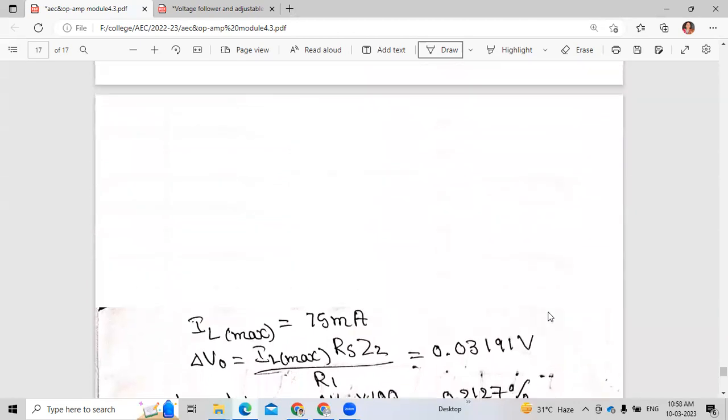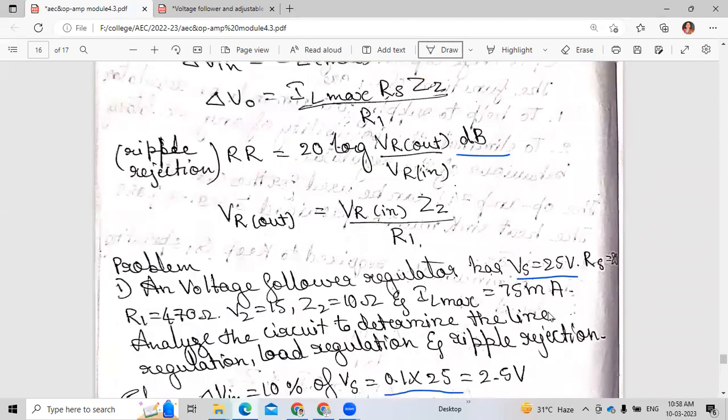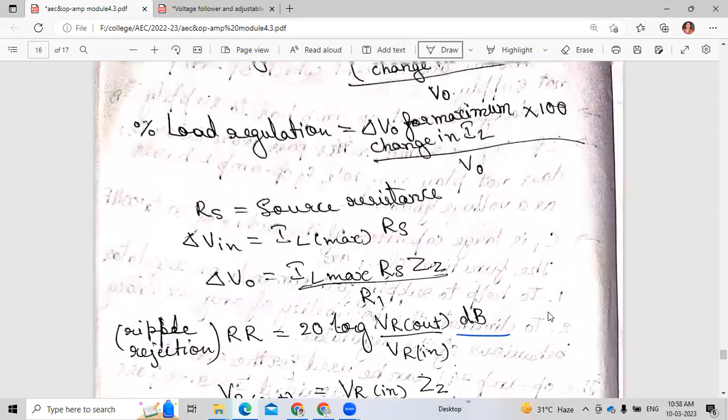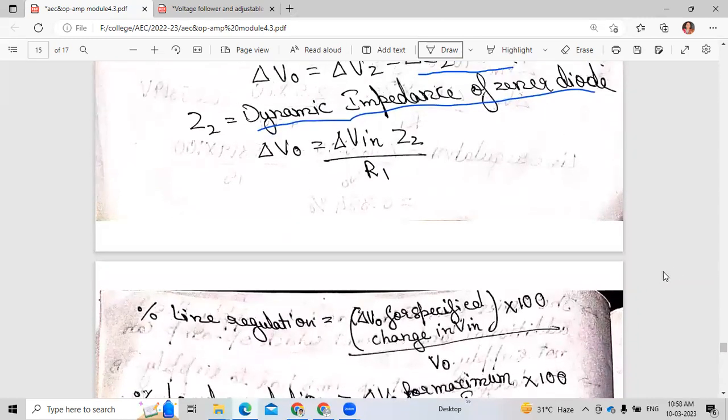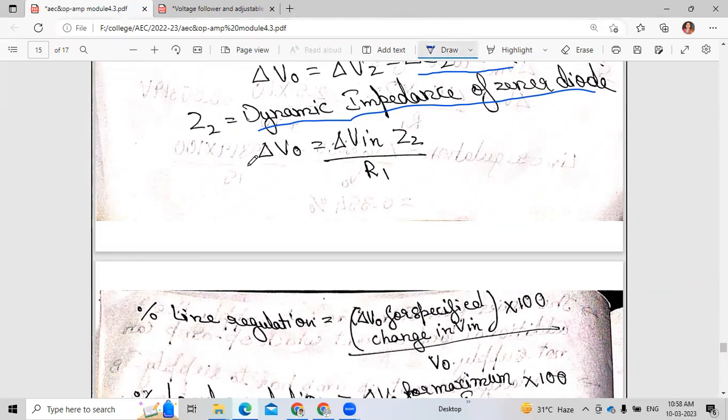So you remember how to find ΔV₀ in terms of IL max and also in terms of the load regulation. If you observe, ΔV₀ for a specified change in Vin, there are different formulas. ΔVin into ZZ divided by R1 is one formula.